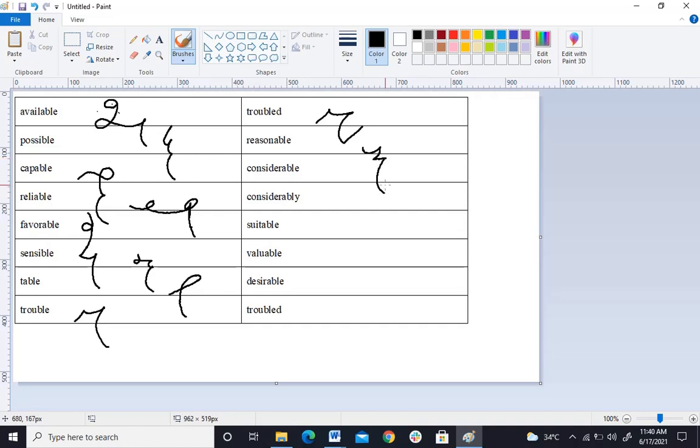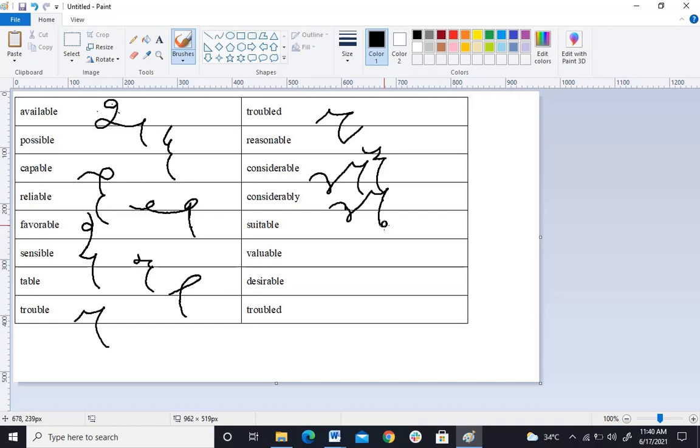Reasonable. Next, considerable. Con is represented by our case stroke, and then the cedar, S-E-D-R, and then ball. Considerable. Next, considerably. We have consider, and then ball, E. Considerably.